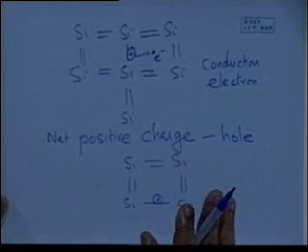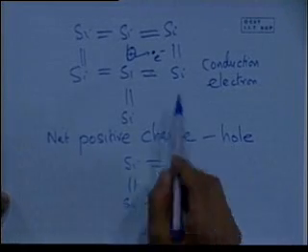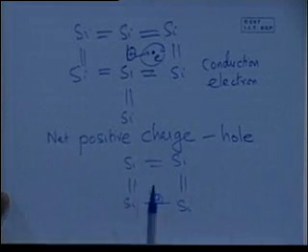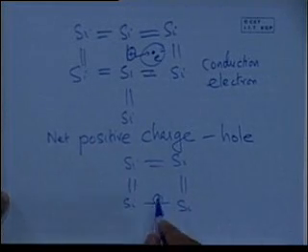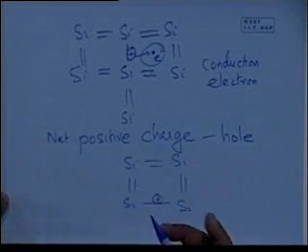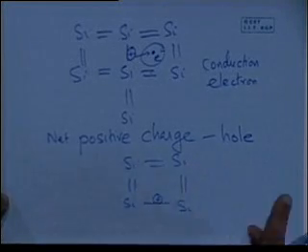So now in my semiconductor, I have a different situation than the metal. I have this electron that I have freed up that can respond to the field. I also have a hole, or the absence of an electron, or a virtual positive charge that can respond to the field. So what does my conduction begin to look like?